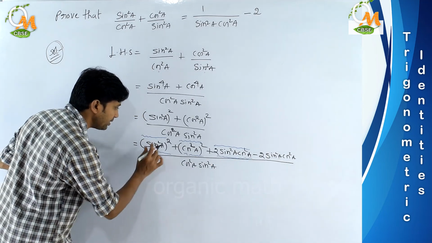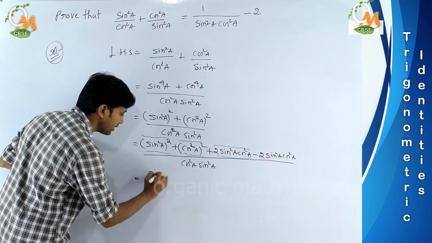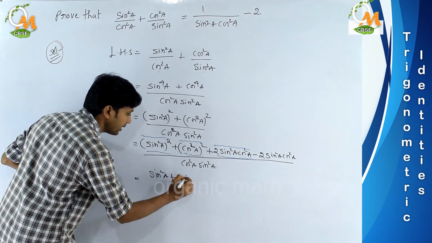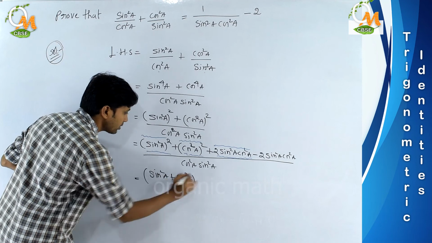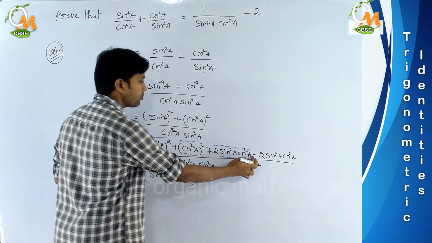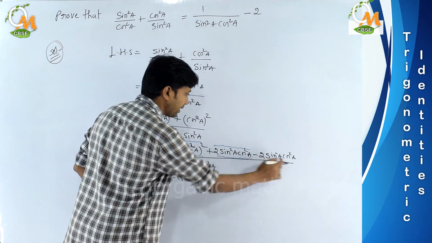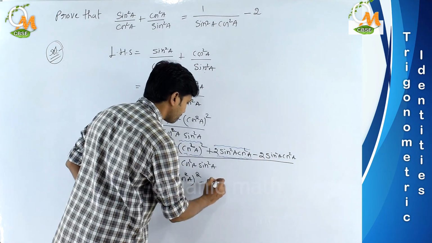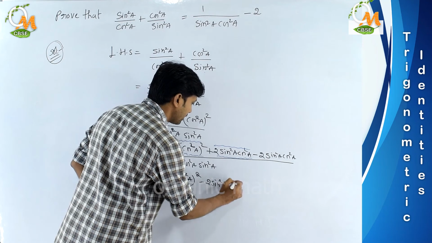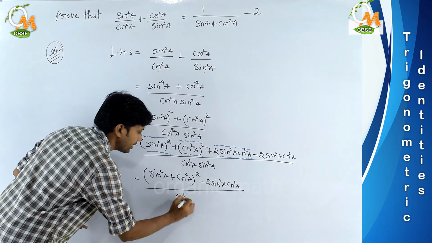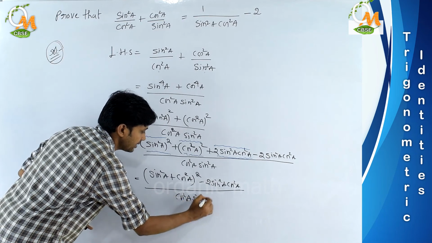(a plus b) whole square means here a is sine square a, and b would be cos square a, for this whole square. Up to this portion it is simplified. Now further we have subtracted 2 sine square a cos square a upon cos square a sine square a.